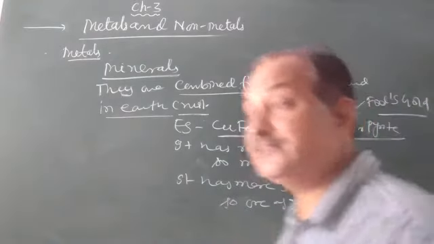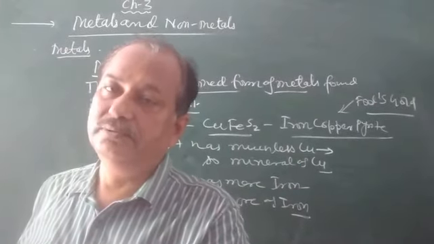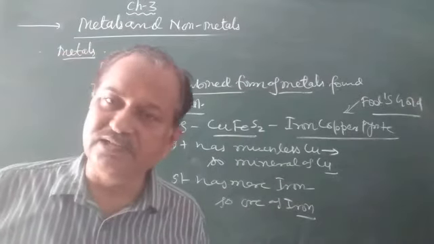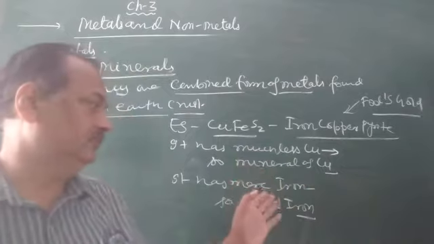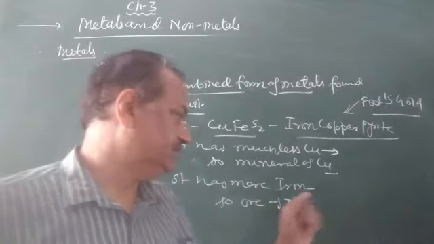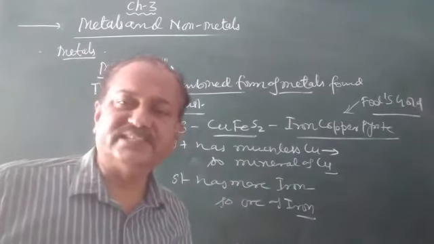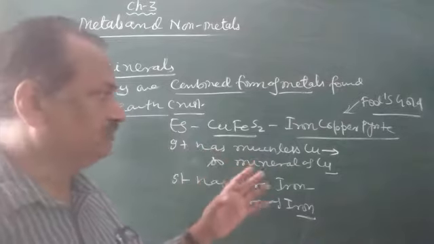Fool's gold means it gives an impression that it is gold. It has a shine like that of gold and is yellow in color, but it is basically an ore of iron. Techniques have been developed to extract copper from it, so this is a very important point to know.